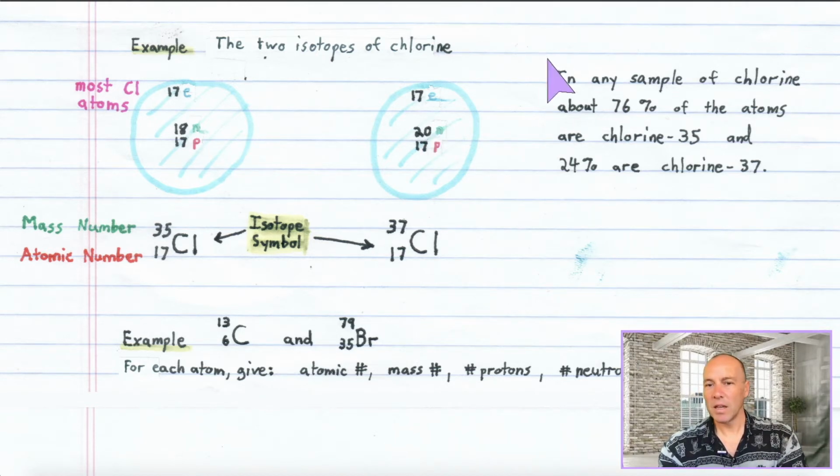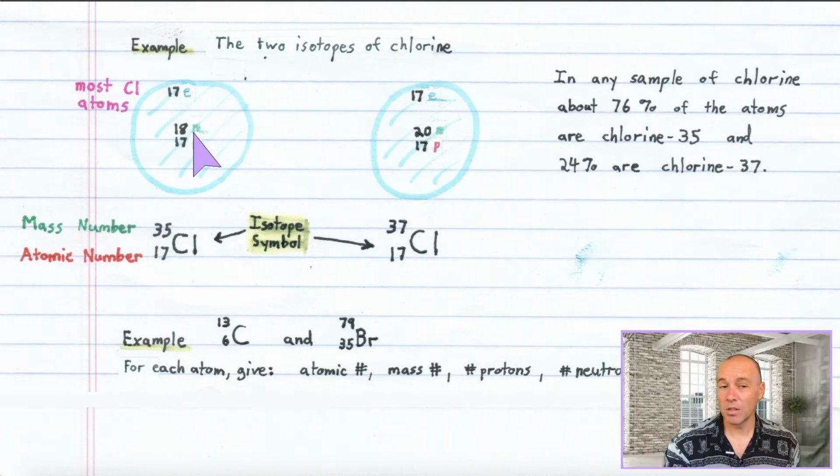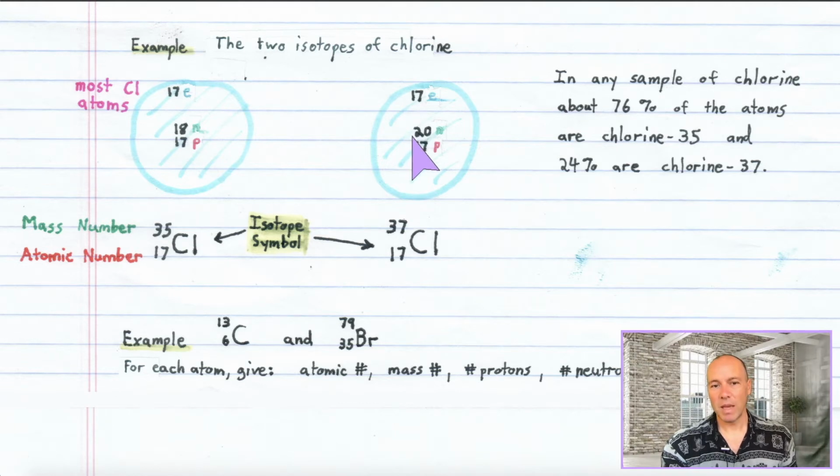In fact, in any sample of chlorine that you come across, there's always a mixture of these two isotopes of chlorine, and 76% of the atoms will look like this on the left. They'll be the lighter of the two with only 18 neutrons, and then the remaining 24% will look like that. They'll be the heavier ones with the 20 neutrons.